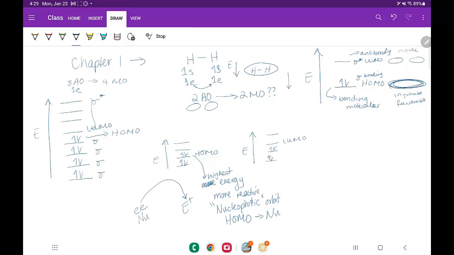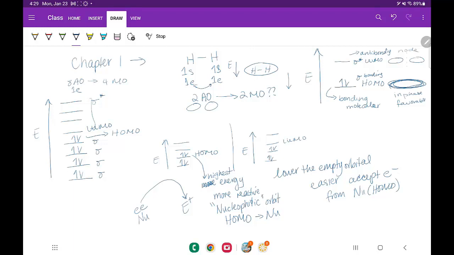On the other hand, it's the same diagram that I drew, I just wanted to write HOMO and LUMO separately. If you want to accept electrons, you want to accept electrons into an empty orbital. But if that empty orbital is higher and higher in energy, it's going to be harder to accept. So the lower the empty orbital, the easier it is to accept electrons from the nucleophile, which is coming from the HOMO.